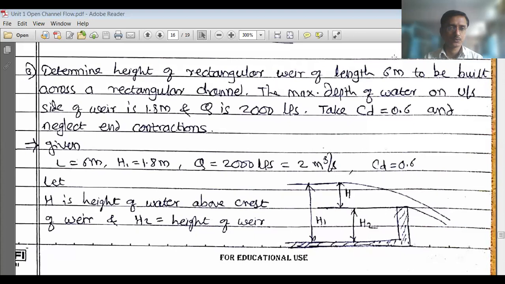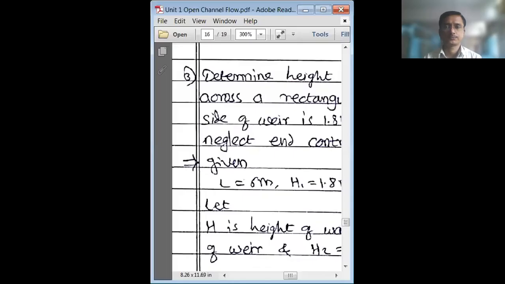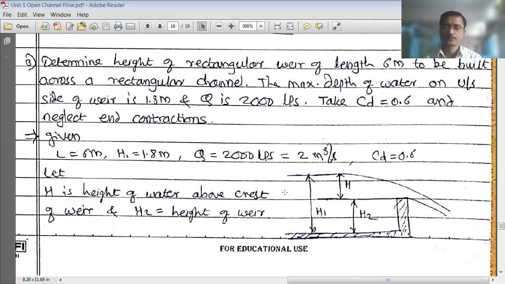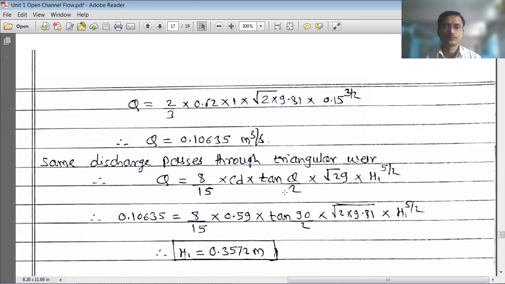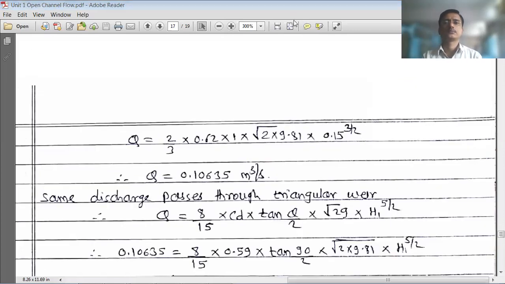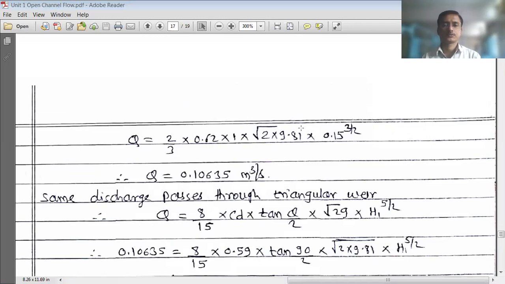Sandeep Pawar, Gopur 0.328. Okay. Let me check it. H1 is equal to 0.357. Somewhere mistake might be there. चेक करा, उत्तर वेगळं दिसतंय.